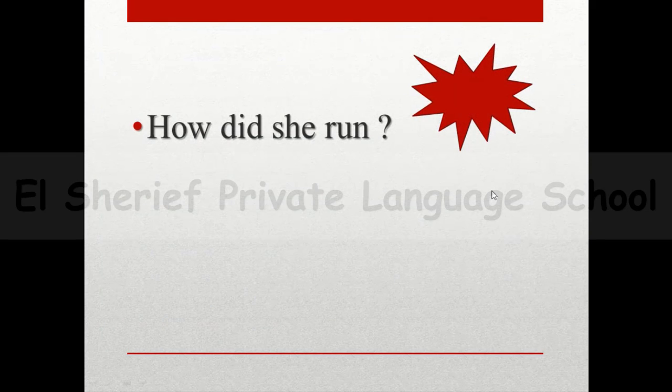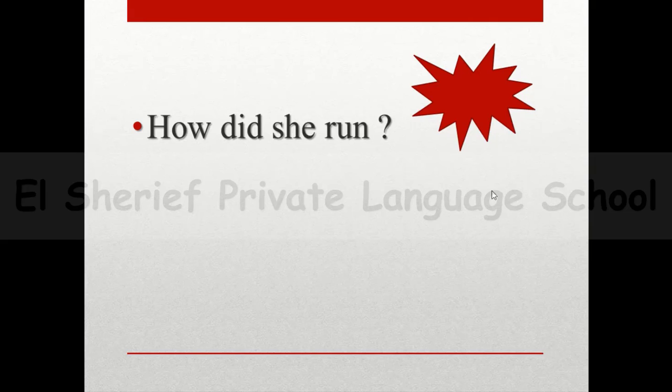Number 3. Okay, the point number 3. How did she run? How can I answer this question? How to ask about the manner. And here we can study something new like the adverbs.